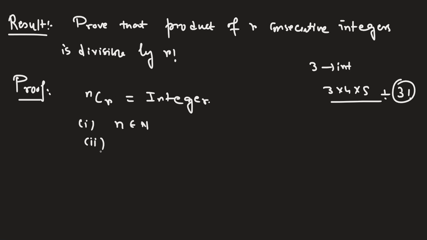Number 2, r belongs to whole numbers. Number 3, 0 is lesser than or equal to r, lesser than or equal to n. So when these 3 criteria are fulfilled, then we know that nCr is always an integer.